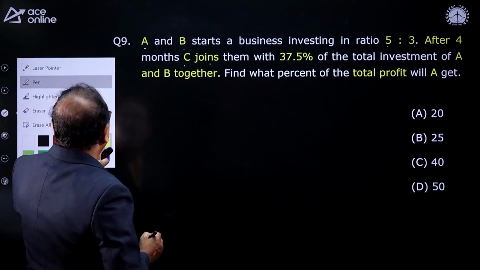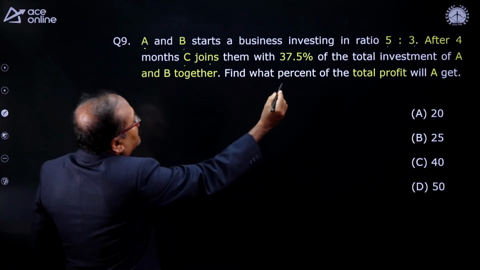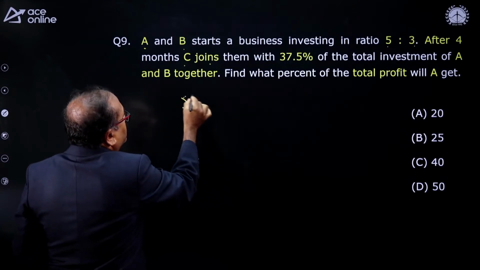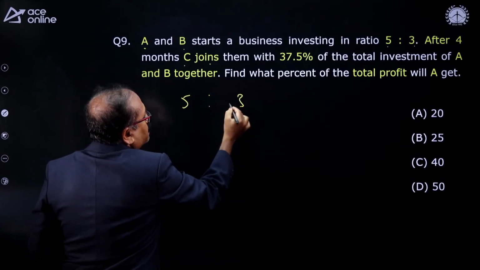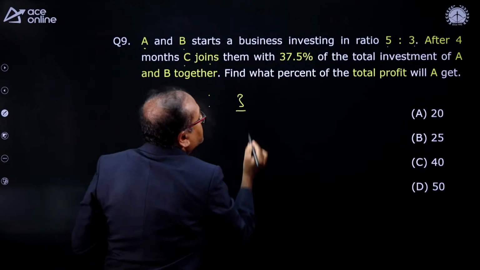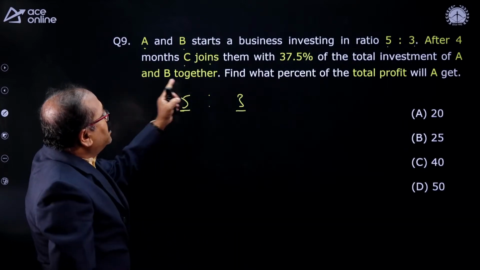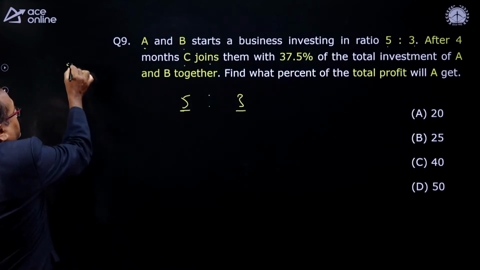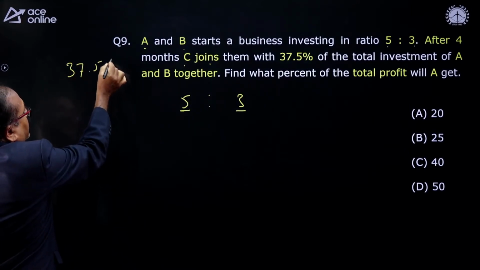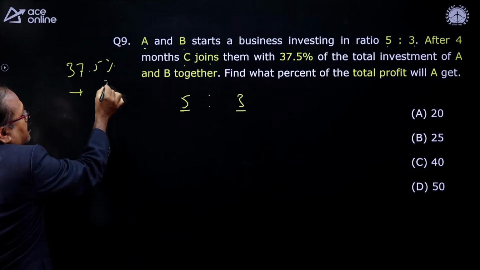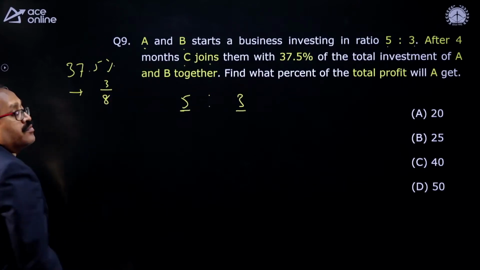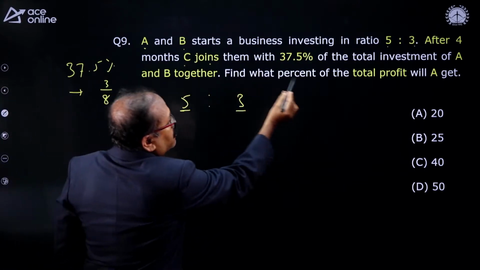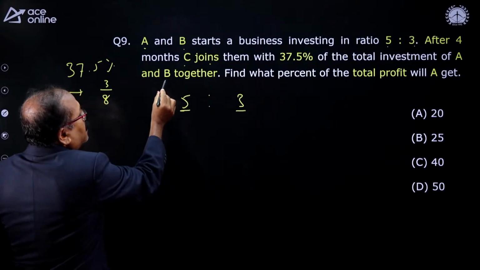15 seconds is over. Now, A and B started with an investment of 5:3. So this is A and this is B. After 4 months, C joins with 37.5%. You are expected to know that 37.5% is 5/8. So 5/8 of the capital of A and B together.